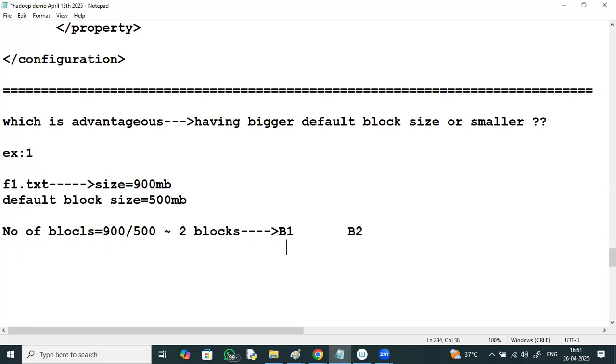B1 of 500 MB, B2 of 400 MB. It's stored in system one. You don't need to worry about all this, it is taken care of by the Hadoop framework. It's totally the responsibility of the Hadoop framework to divide the file into blocks and store them. You just need to give the block size, that's it. It is going to divide into blocks and store them across multiple systems. Yes, B1 in S1, B2 in S2.